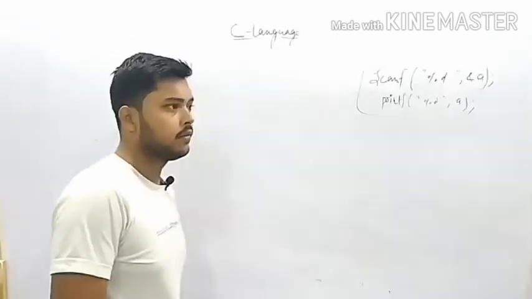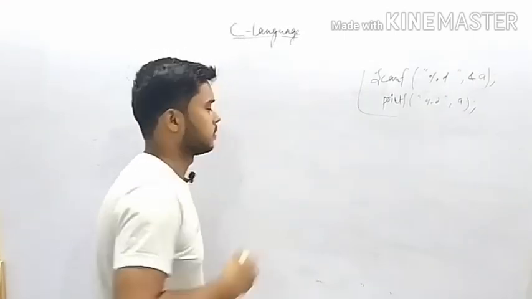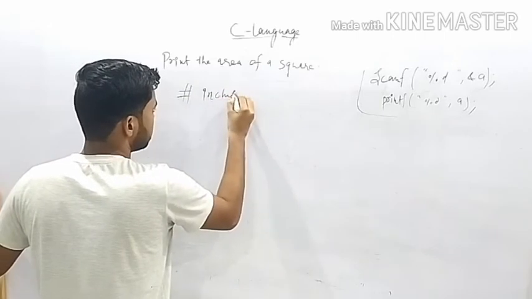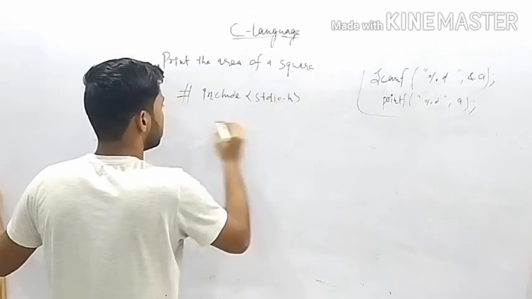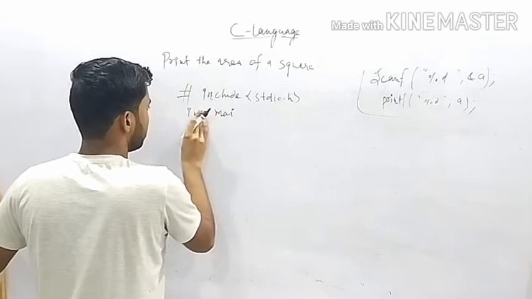Now we will write a program for printing the area of a square. The same process: we will include our header file, then start our main function.